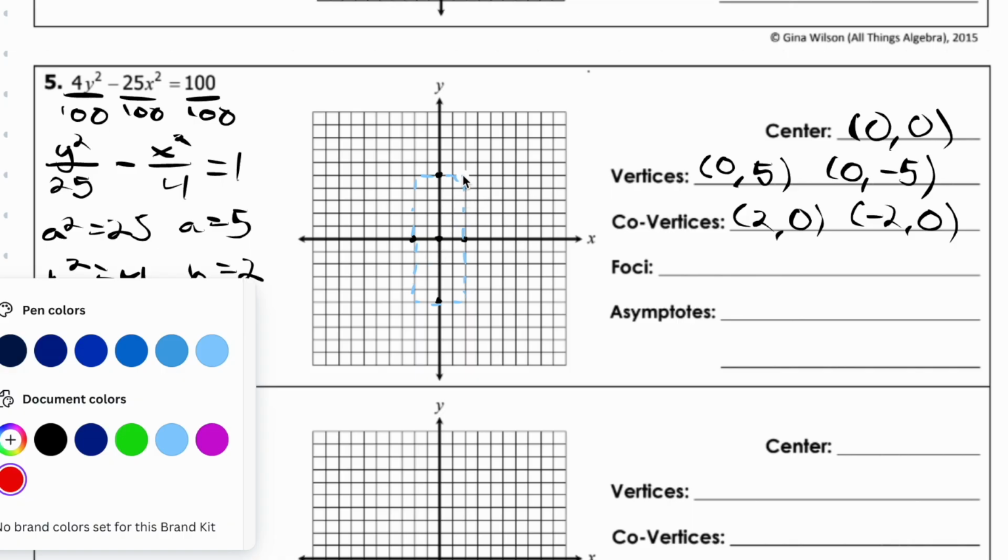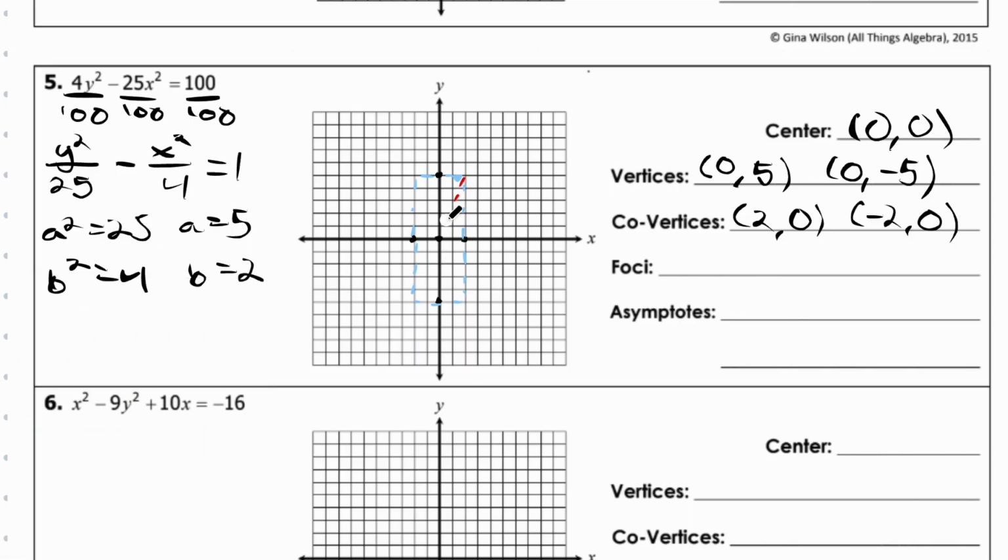So we're going to make our asymptotes. This is down 5 over 2. Sorry, I'm really bad at counting these things when they're so small. Yeah, right there. Something that looks like that.